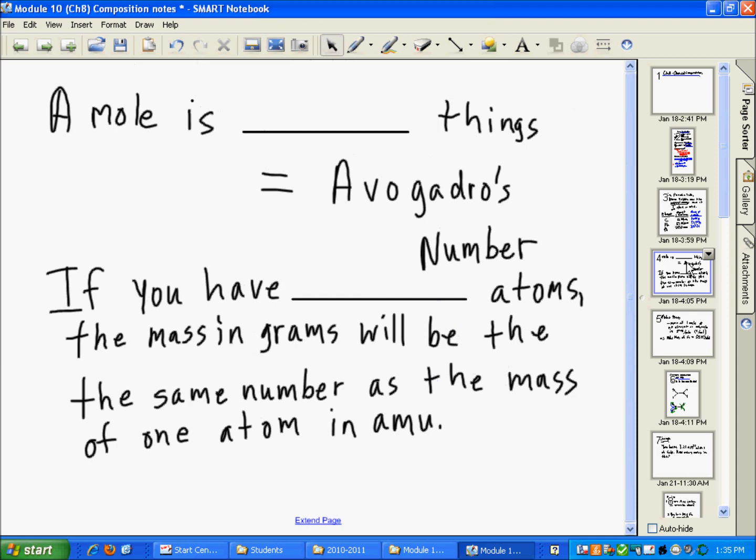Now, if I was to ask you, if you had, say, a dozen candies, how many candies would you have? You would have 12, correct. You'd have 12 candies. If I said you had a pair of socks, how many socks do you have? Two.